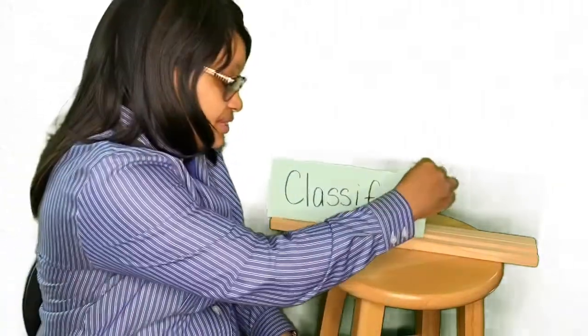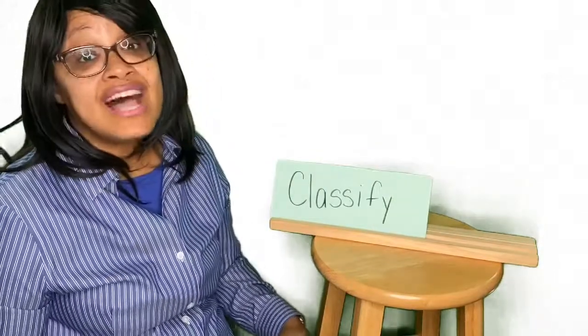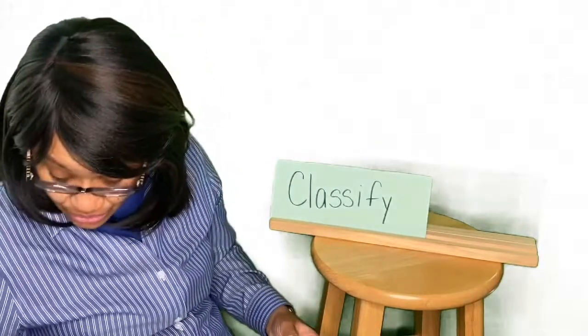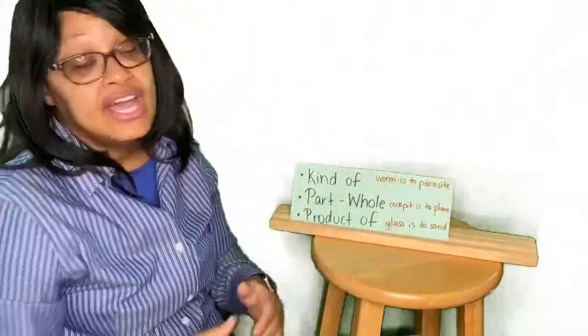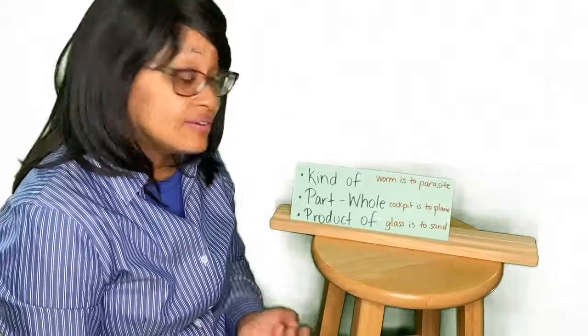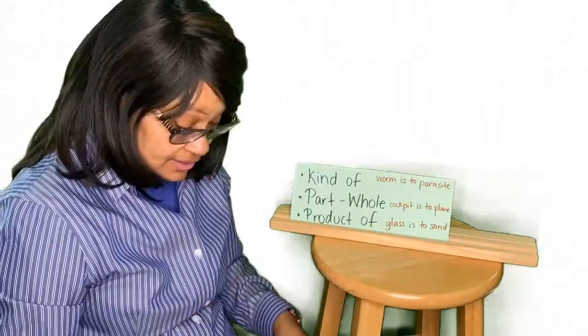Now, the next thing analogies do is classify. Analogies can actually classify concepts through different mechanisms. For example, you can do the kind of, or part to whole, or a product of.